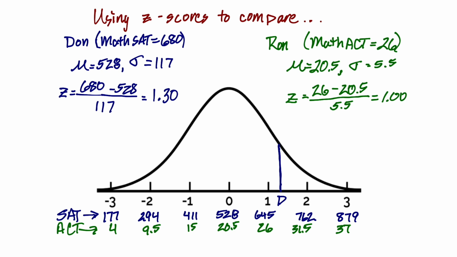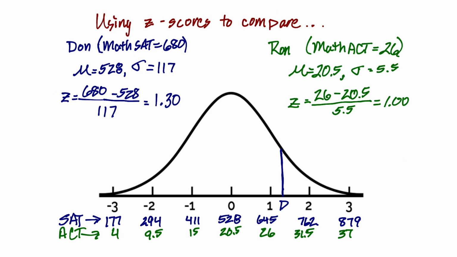Now, let's look at Ron. Ron also did very well on the math ACT. 26 is above the mean, so when we standardize his score, the x minus the mu becomes 26 minus 20.5, and we divide that by 5.5 to give us a z-score of 1.